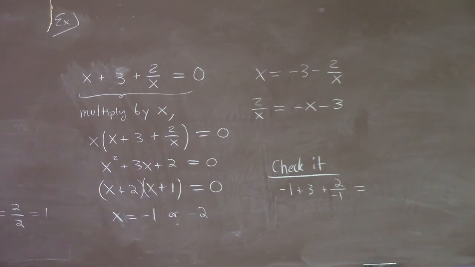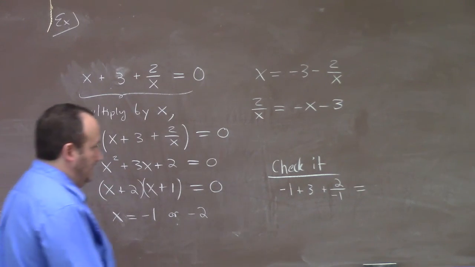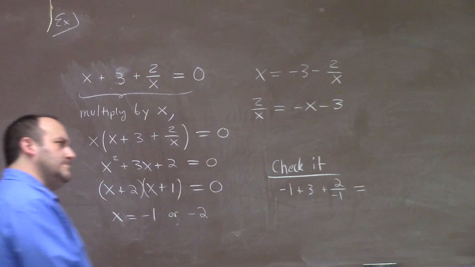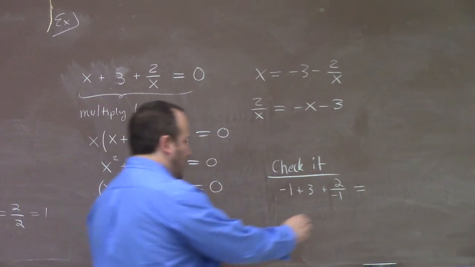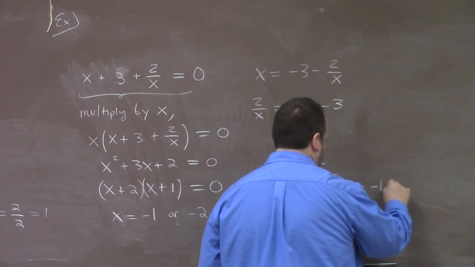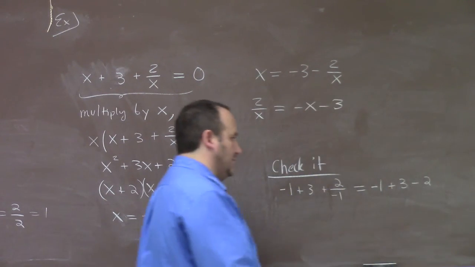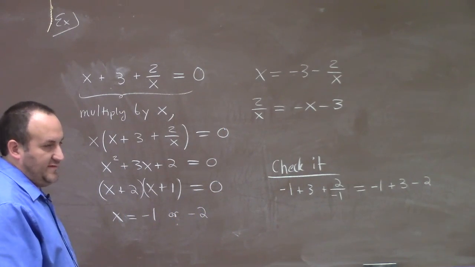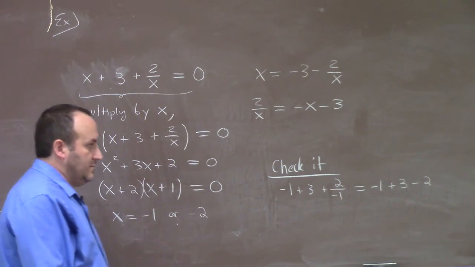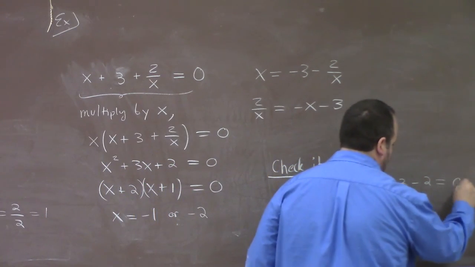So that's -1 plus 3, which is 2, and then 2 over -1 is -2. So that's -1 plus 3 minus 2. That's 3 minus 3, right? So 0. You agree? In other words, it worked.